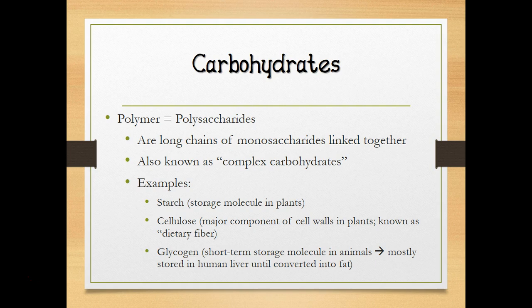Cellulose, this is the major structural component of your cell wall. So plants will take some of the glucose that they create via photosynthesis, and instead of storing it in starch, they'll use it in cellulose to build new cell walls as they're making new plant cells. In terms of us actually eating it, we can. We don't really break it down very well, though, but it's what we talk about as dietary fiber.